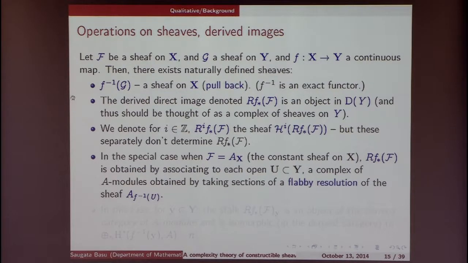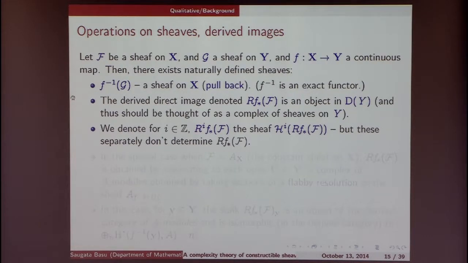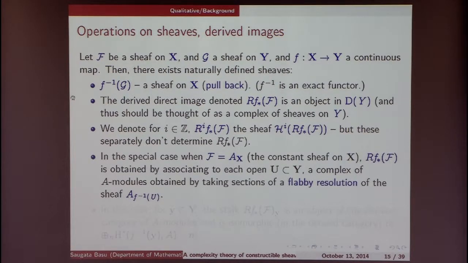Maybe we should just take a special case. To be exact, you need an open continuous map. The maps that we are going to consider are all projections, but it will not be exact, even if it exists. In the special case where you take the constant sheaf on X, namely the sheaf that associates to every open the field A, I will describe what these higher direct images are.